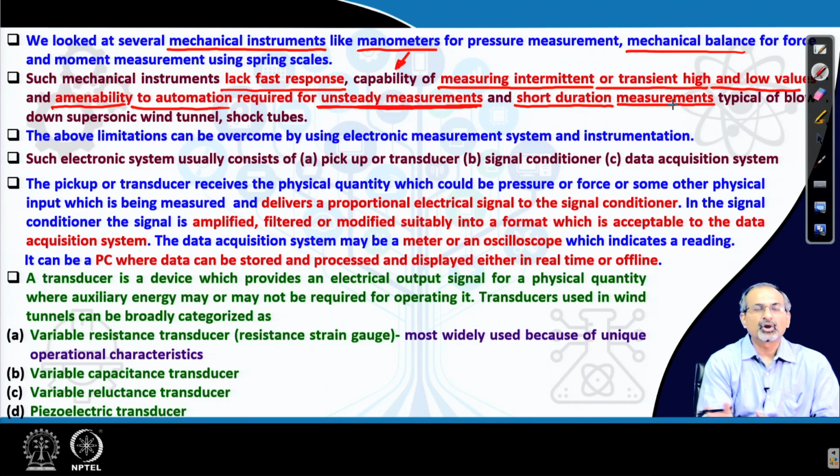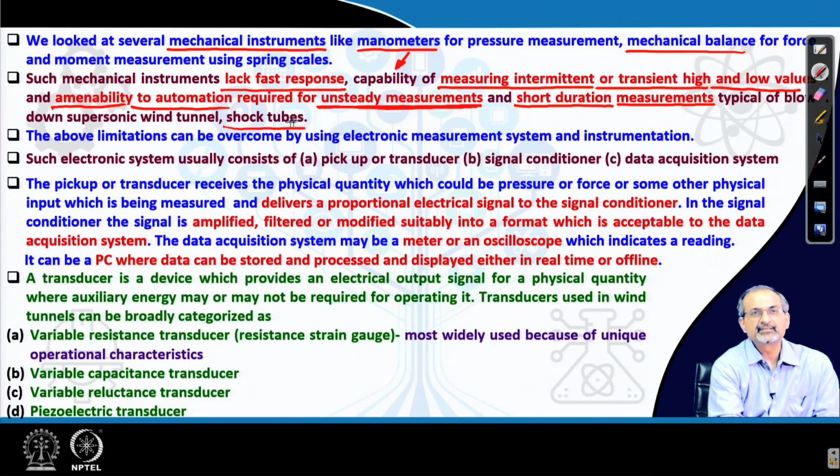You have a starting shock sweeping through the test section, then the flow stabilizes, and by that time, within the next few seconds, the tunnel would come to a halt because the high pressure gas is getting consumed. Therefore, you typically have very short run times, and within that you need to acquire a lot of information. Therefore, short duration measurements are best tackled with electronic instrumentation.